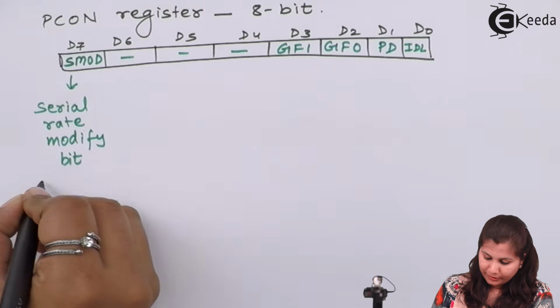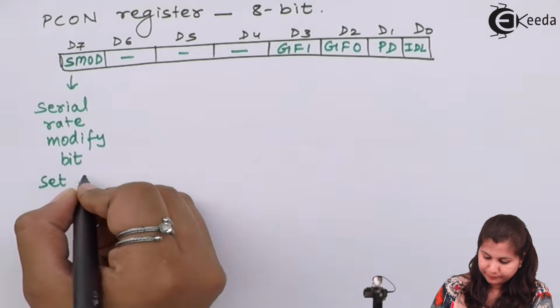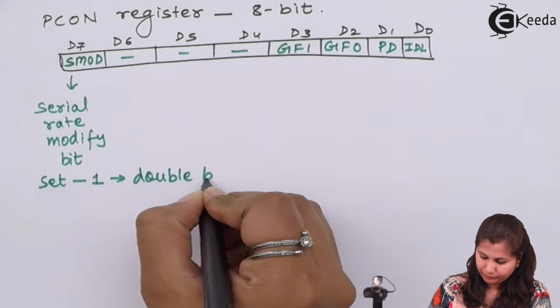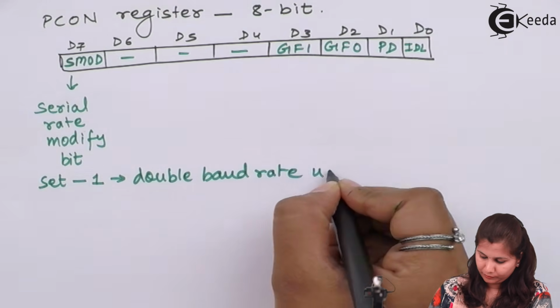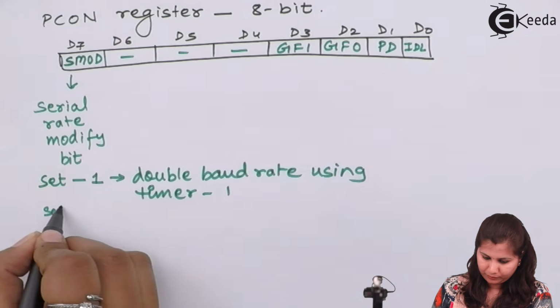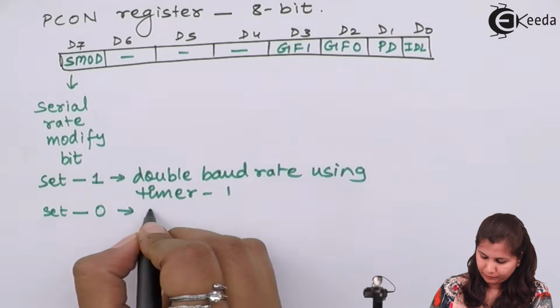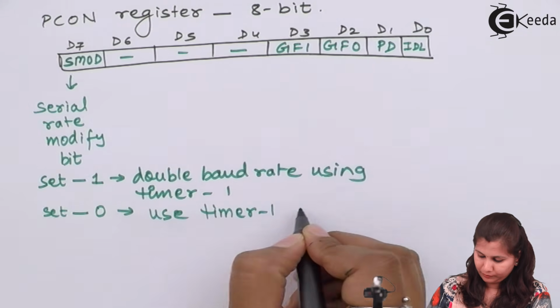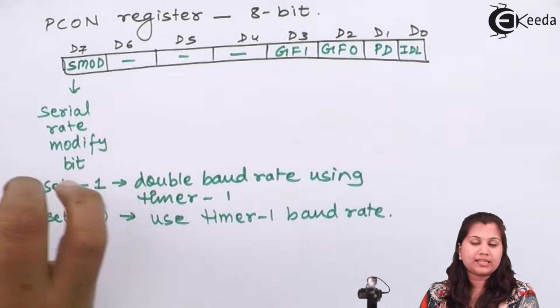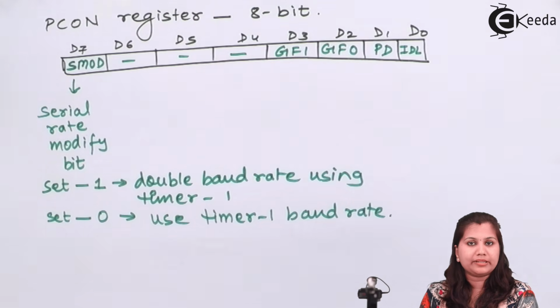This bit can be set to 1 or it can be set to 0.